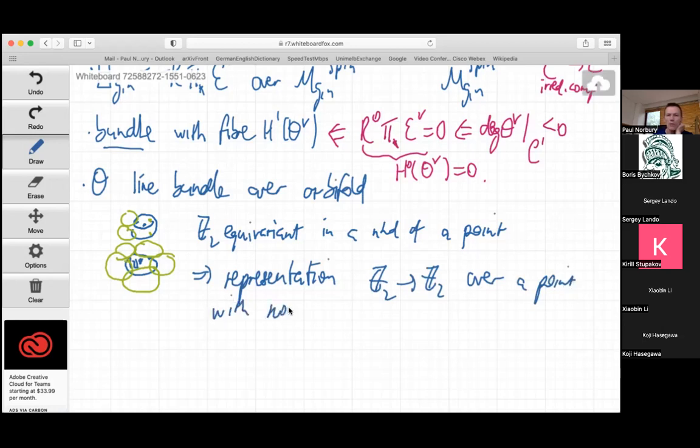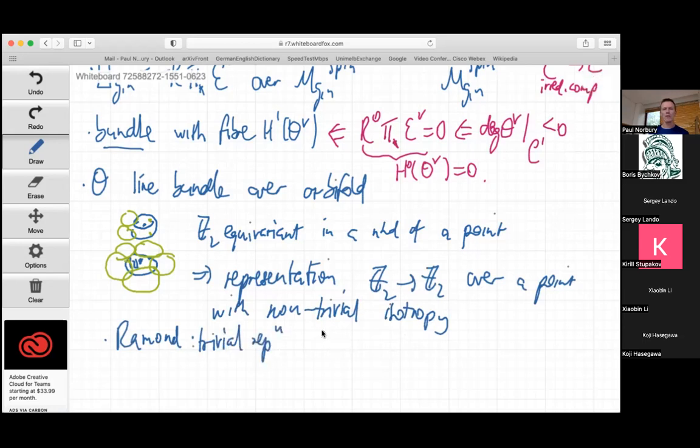So that means over a marked point or a nodal point. And there are two such representations. We call the trivial representation Ramond, and we specify it by the number 0 inside {0, 1}. So this is the image of 1.